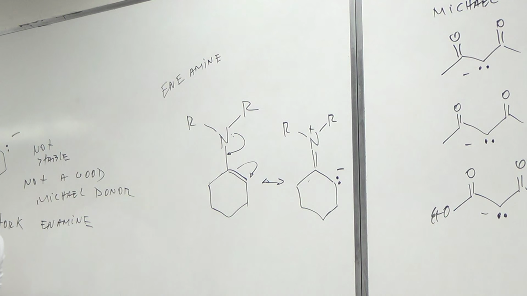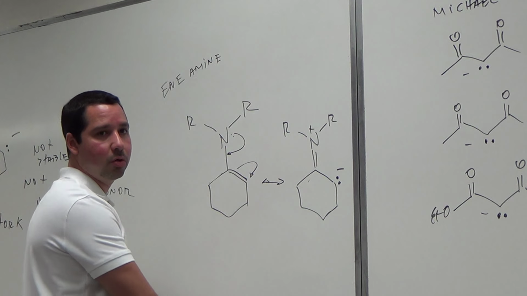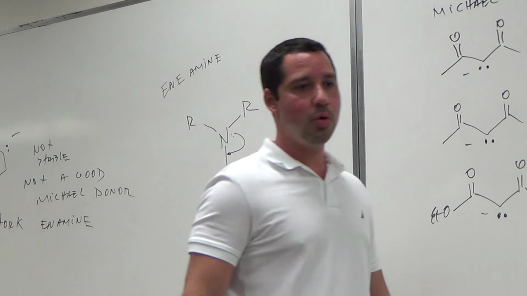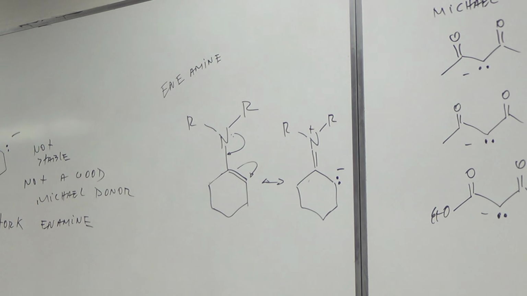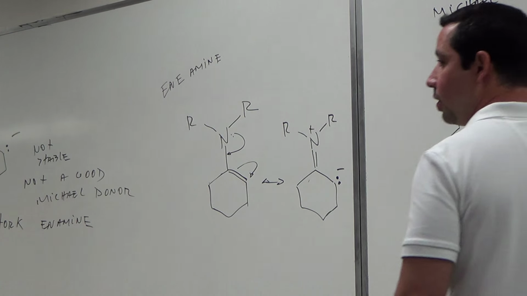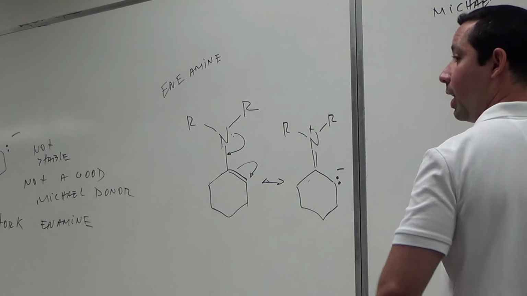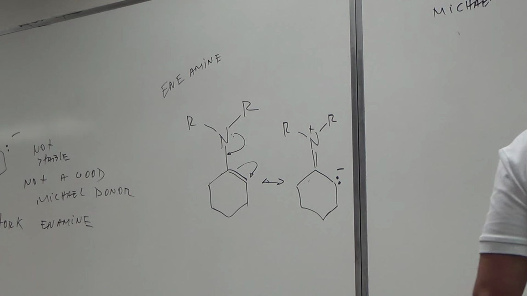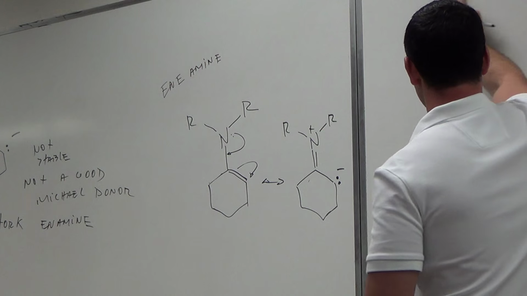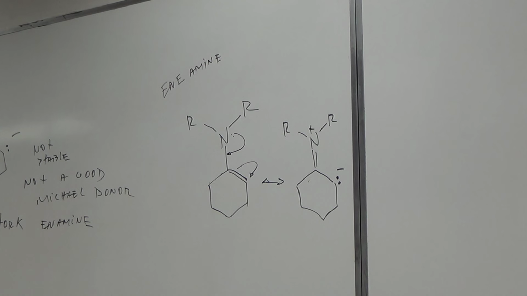This one is stable enough because of that nitrogen there. It's strong enough to undergo some type of nucleophilic addition, yes? That could take place on an alpha beta unsaturated carbonyl. We will see. You don't know, but if I give it to you, you're supposed to be able to tell.